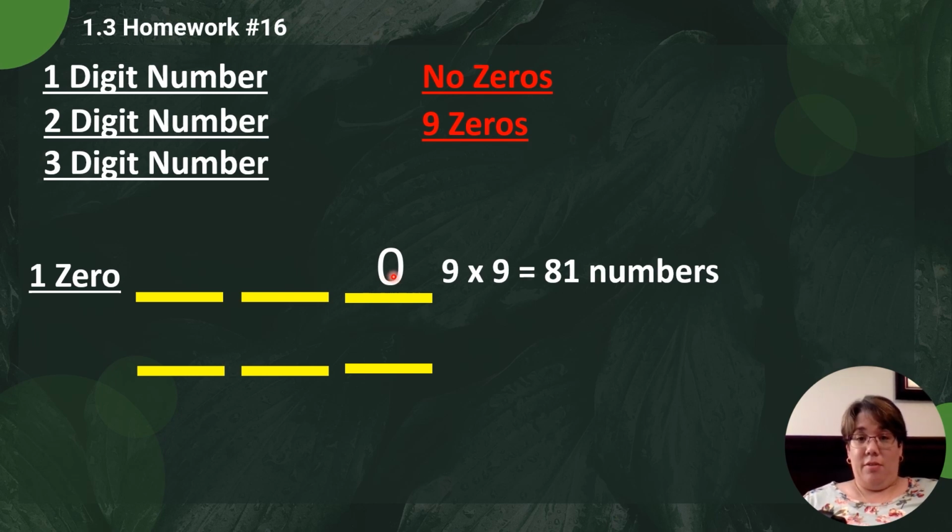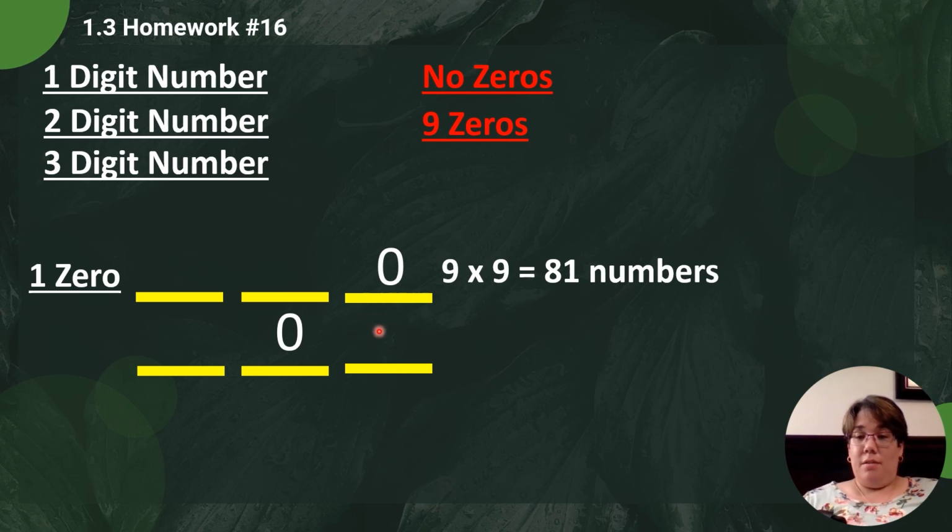What about in the middle? I could put the 0 there, and I could put any digit 1 through 9 here and any digit 1 through 9 here.